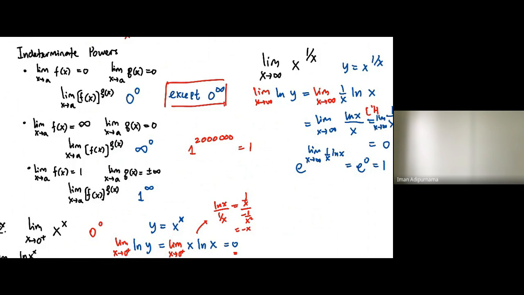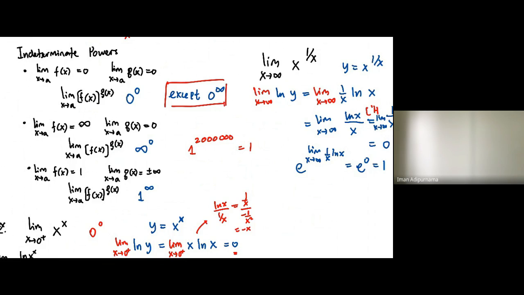Okay. So far, this will be the L'Hopital rule and indeterminate forms. So now, if you have limit questions with indeterminate forms, you can solve them through L'Hopital rule. But remember, L'Hopital rule is not always the best way to solve.